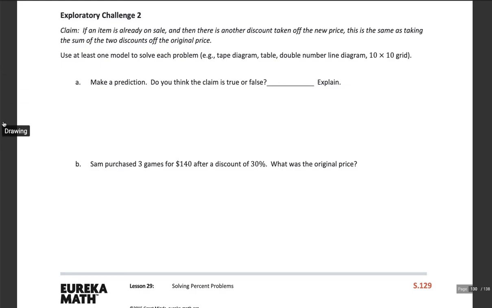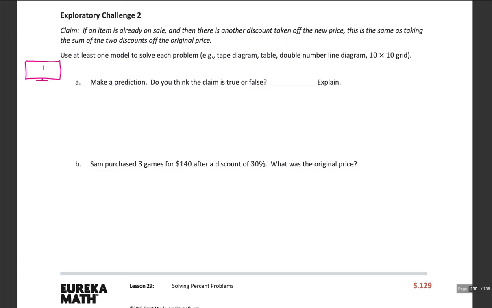So let's say that you go to the store and you are buying a fancy TV, a giant 70-inch 5K TV. It's going to be the greatest thing ever. So what this is saying is, let's say this item is already on sale and there's another discount.